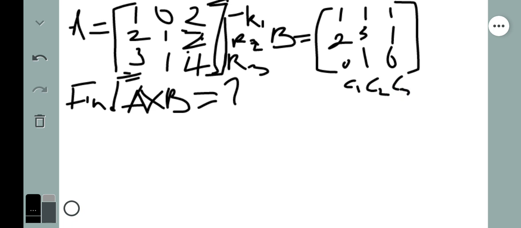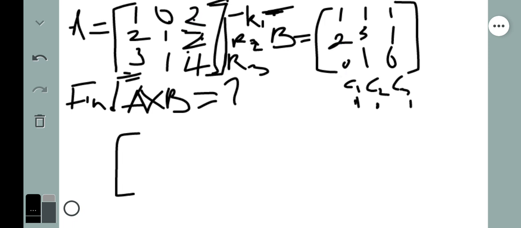Let's multiply them together. If you remember the way we did last time, row multiplies column. Row one multiplies column one, and row one will still multiply column two, and also column three. When row one multiplies column one, that means 1 times 1, 0 times 2, and 2 times 0.